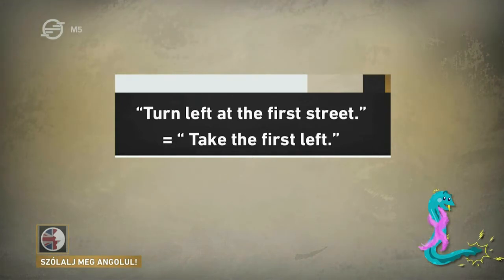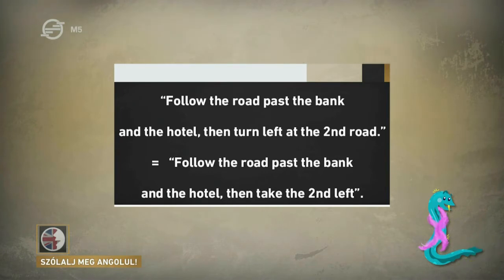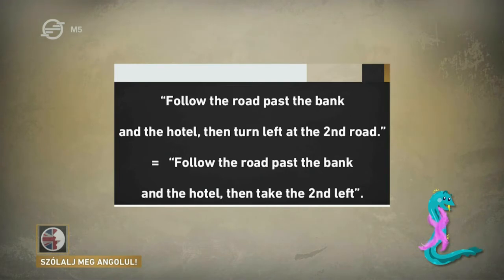They'll say follow the road past the bank and the hotel, then take the second left. So remember to listen out for the word take when someone is giving directions, and you'll find Chief Mangasuta Buthelezi cul-de-sac in no time.